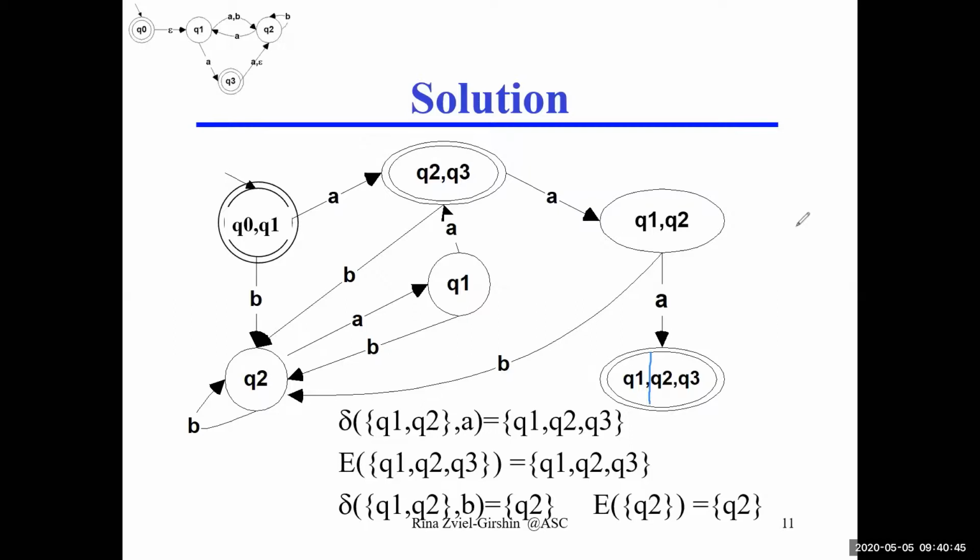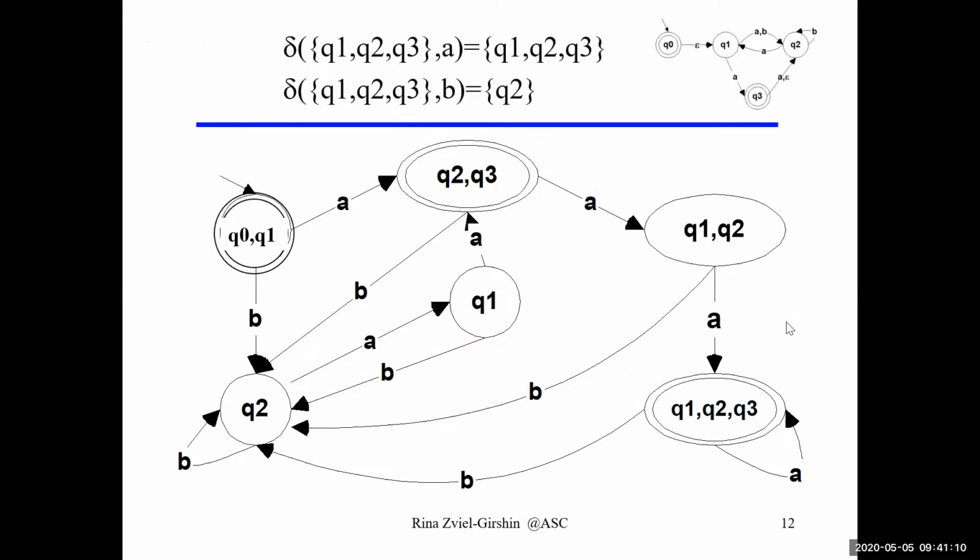The same to itself. The same loop, since Q1 on A is Q2, Q3, Q3 on A is Q1, Q2. We combine, we have Q1, Q2, Q3. Q1, Q2, Q3 on B: Q2. And we finished building an equivalent DFA, since we have new states.